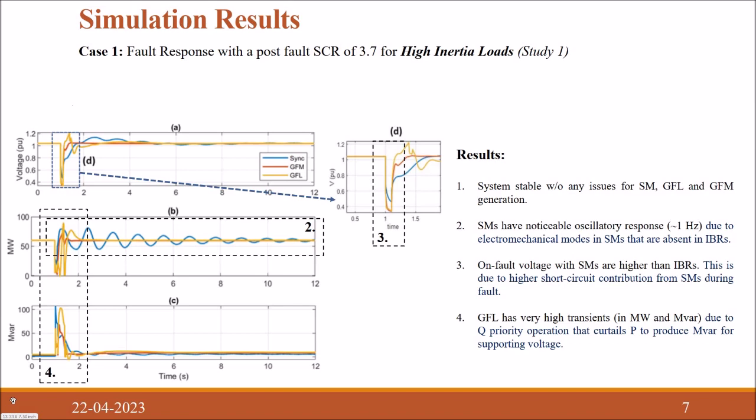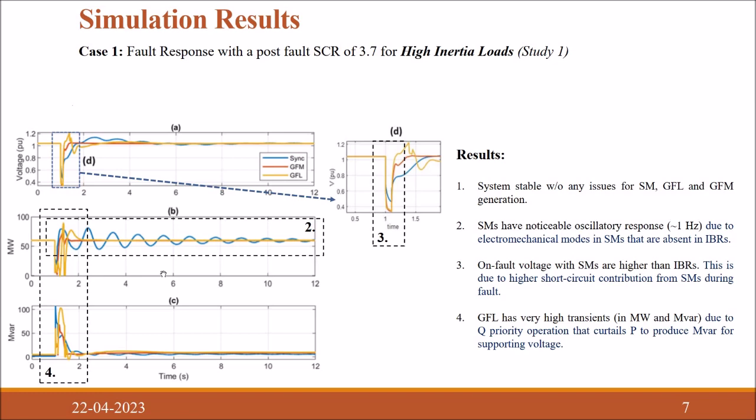From the first result, you can see that the system is stable for synchronous machine, grid following inverter, and grid forming generation. The second result, which we can see at the second dashed block, is that the synchronous machine has a noticeably oscillated response. This is because of the electromechanical modes which we have in synchronous machines that are actually absent in IBRs.